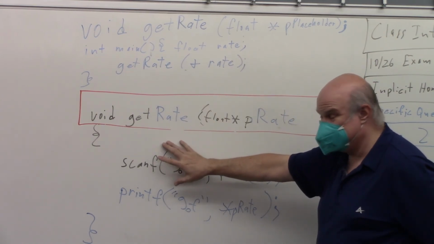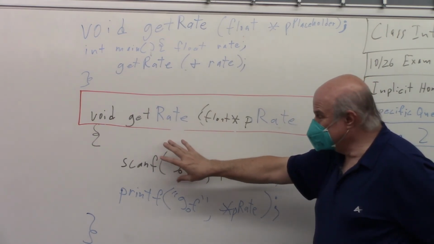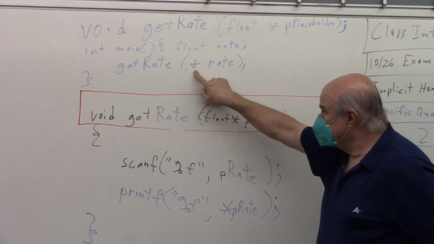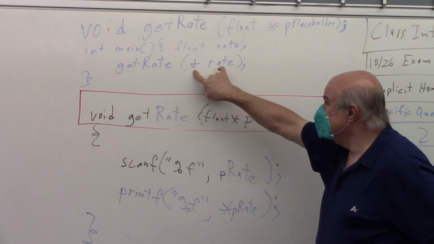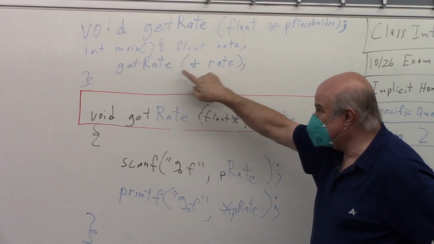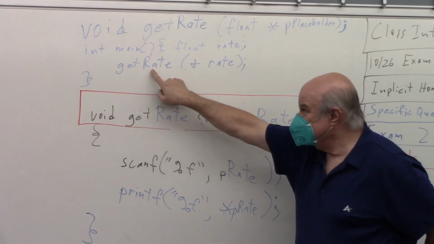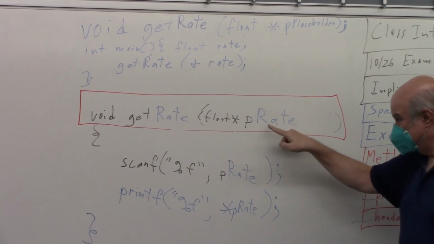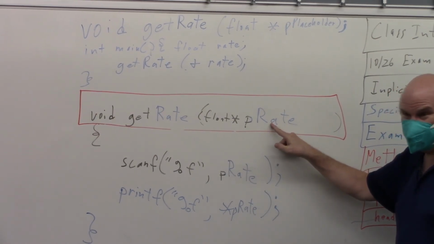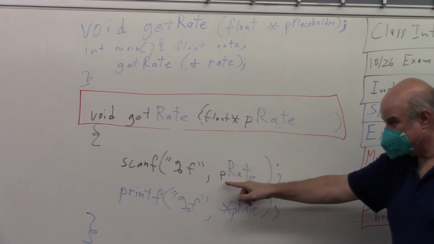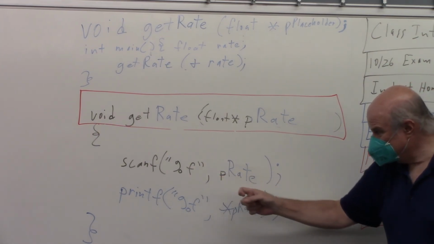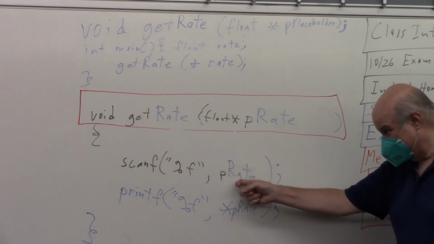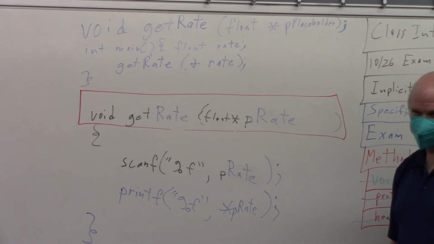It doesn't exist in this method. The only thing this method has is a reference to that variable. I use the reference operator on that variable, and I pass it to this method. This method sees it as the name prate. And then this method can do things to prate, namely, call scanf and say, get a value and put it there. Put it where this points. That's why it's called a pointer, because it points to something.